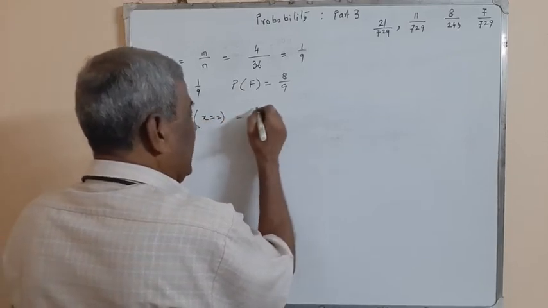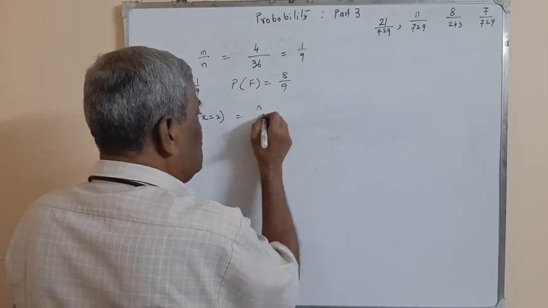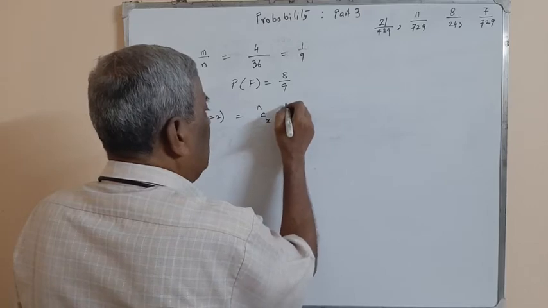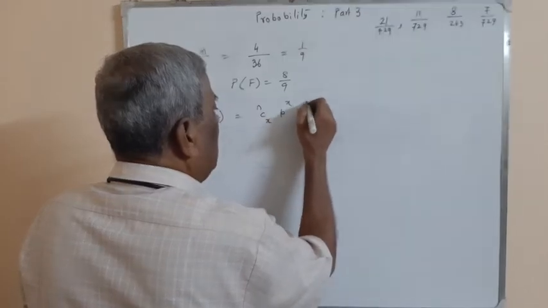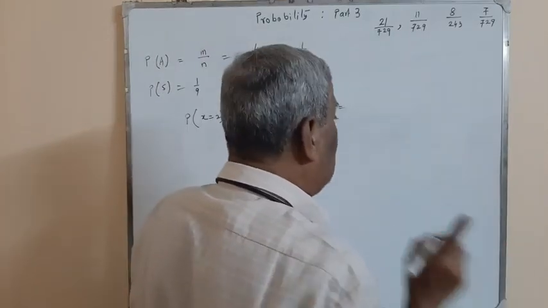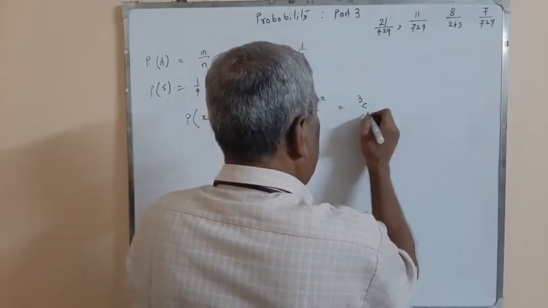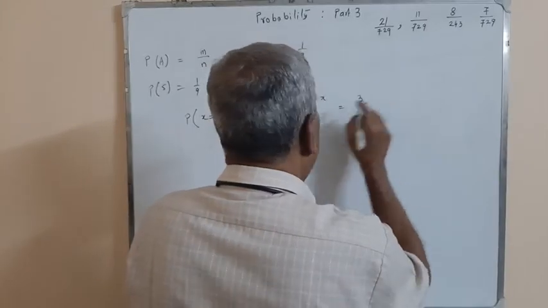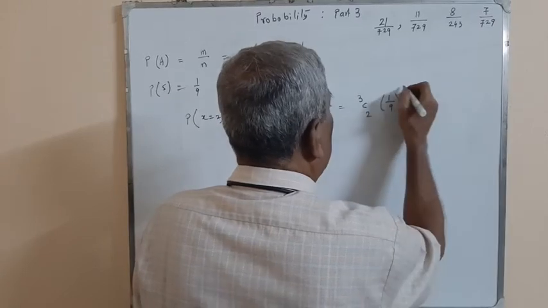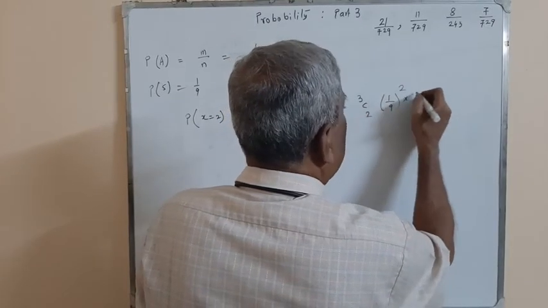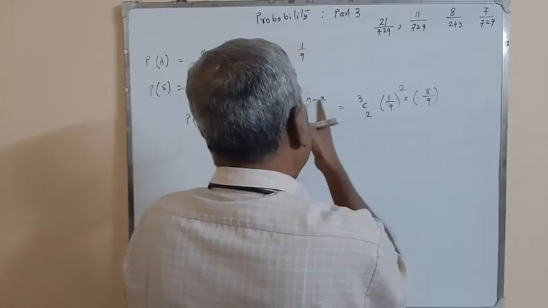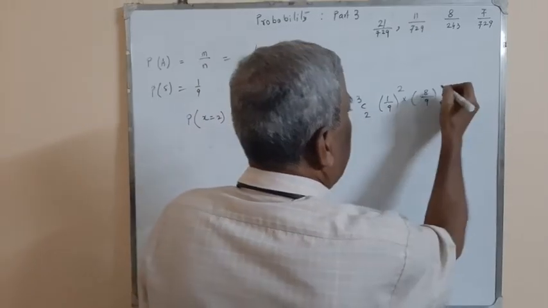So actually probability of x successes is given by the formula nCx p to the power x into q to the power n minus x. Here n is 3, out of 3 trials, 3C2 for 2 successes. Probability of success is 1 by 9 to the power 2, into probability of failure, 8 by 9, to the power n minus x, which means 1.